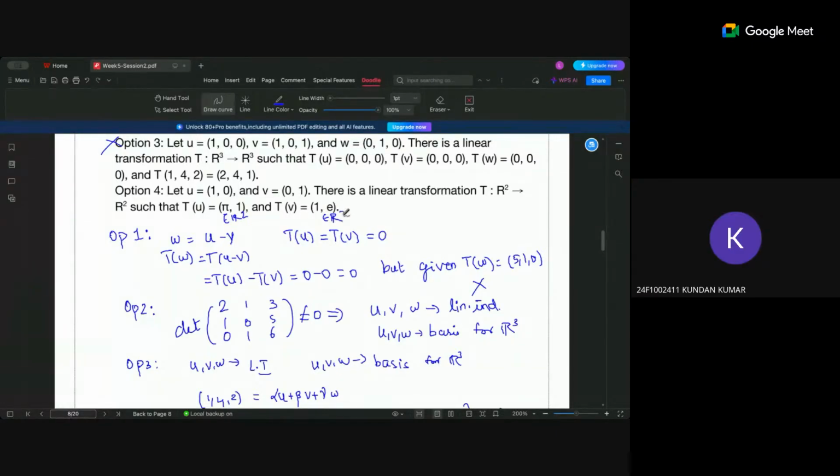Is there anything to verify further? You already know they are basis elements, and whatever the basis elements are mapped to in R2, you can find a linear transformation satisfying the conditions, right? So you know that this is a linear transformation. Clear?